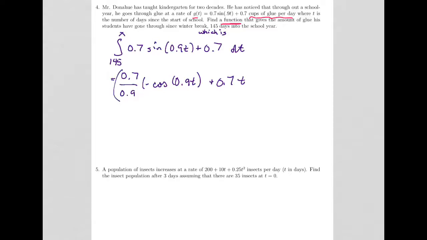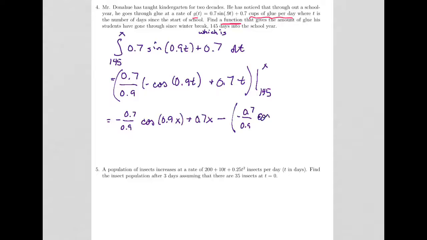And this is going to be from 145 to x, which is equal to negative 0.7 over 0.9 cosine of 0.9x plus 0.7x, minus negative 0.7 over 0.9 cosine of 0.9 times 145 plus 0.7 times 145.